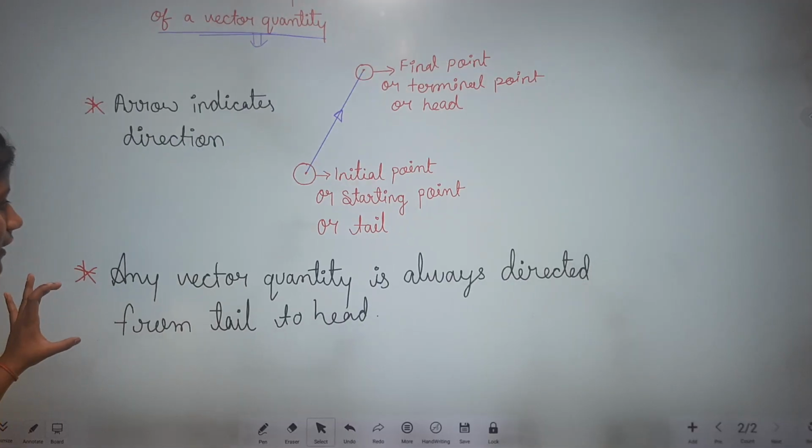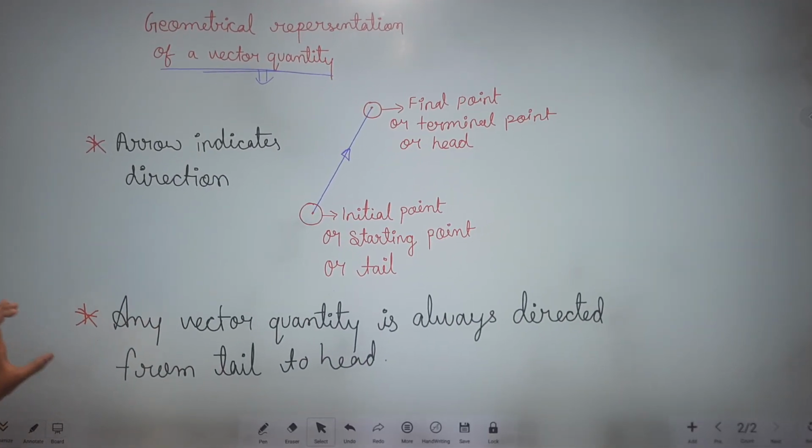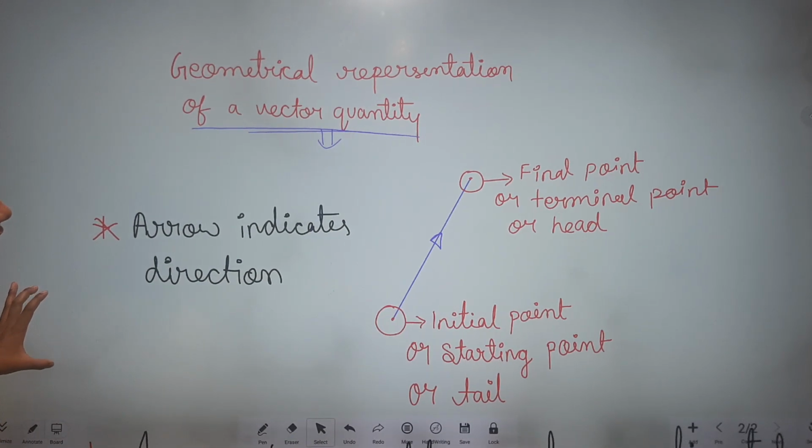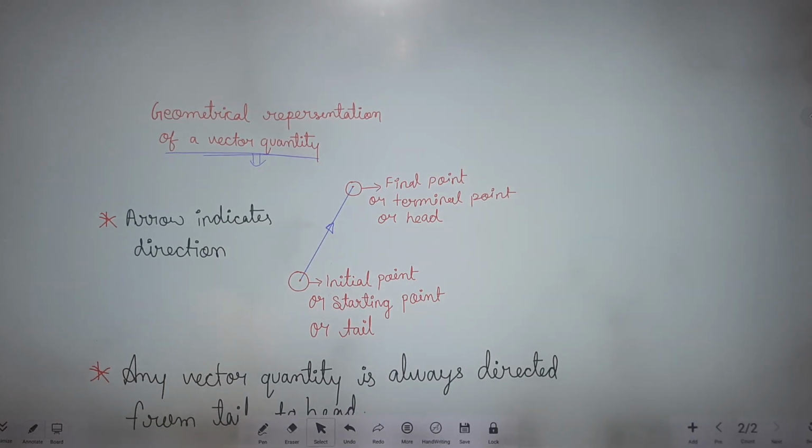Okay, there is a point that any vector quantity is always directed from tail to head. Okay. So this is all about the geometrical representation of a vector quantity. Now let's see the algebraic representation of a vector quantity.